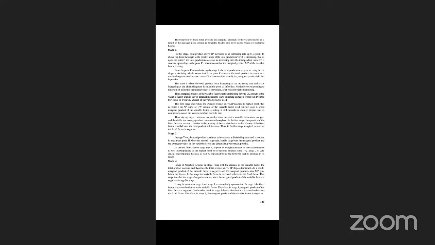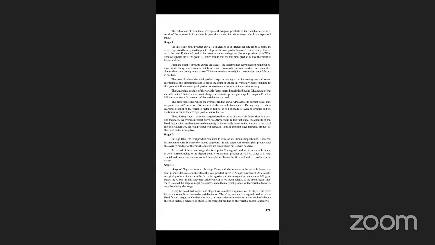Stage one is where the total product curve is increasing at an increasing rate. In stage two, total product continues to increase but at a diminishing rate, where it is coming down. But stage three is negative returns, sloping downwards towards the x-axis.